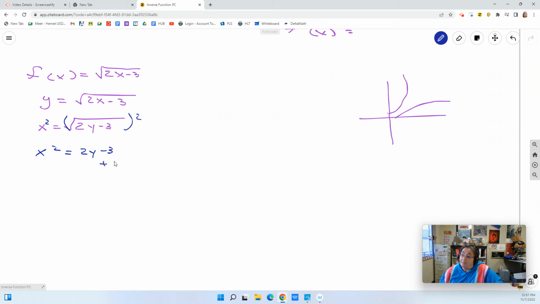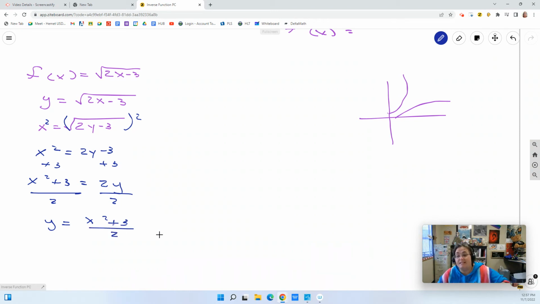So I'm going to go ahead and add 3 to both sides. And I get x squared plus 3 equals 2y. And I'm going to have to divide that 2 out from everything. And so I'm just going to rewrite it as y equals, because I'm weird about that. And I'm going to get x squared plus 3 over 2. That is sufficient.